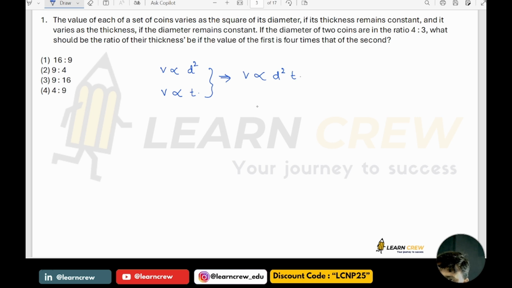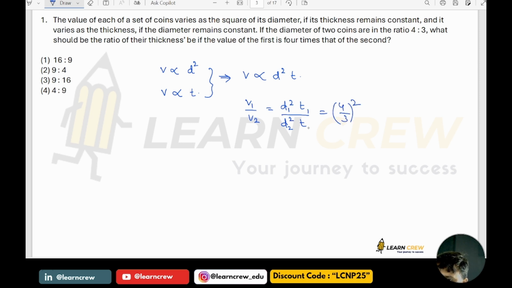What does it mean? V1 by V2 is equal to d1 square t1 by d2 square t2. The d1 by d2 ratio is already given as 4:3, so 4 square by 3 square.